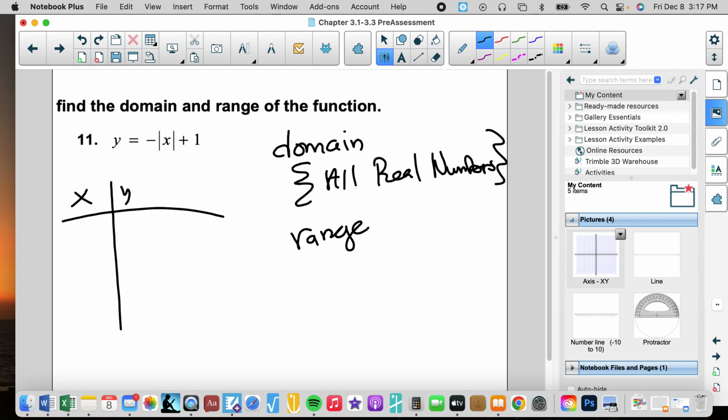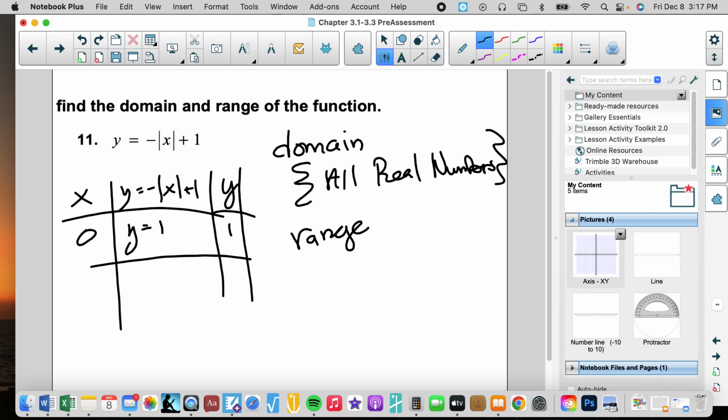x, y equals the opposite of x plus 1, y. So if I plug in 0, I get 1. If I plug in 1, I'm going to get 0. If I plug in negative 1, I'm going to get 0.